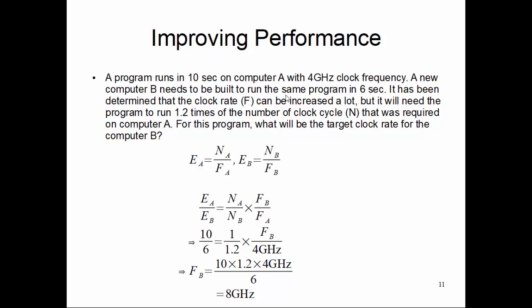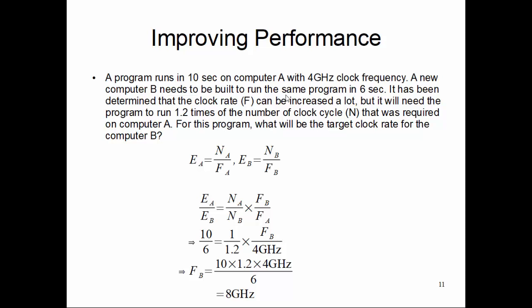Now it has been determined that the clock rate can be increased a lot, like an unbounded increase, but it will need the program to run 1.2 times the number of cycles. Let's say your older system used to take n cycles. Now it will take 1.2 n cycles.